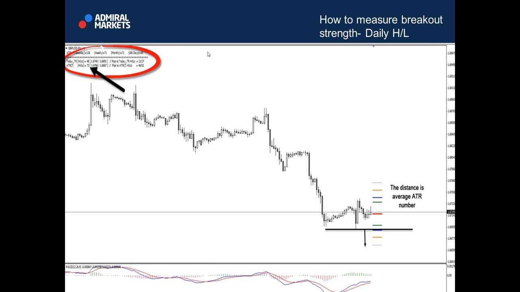Use a proper risk size, because proper risk size will save your account. I'm not saying you need to be profitable each month. Banks are not profitable each month if they trade the forex market. I know some traders who were trading in banks and there were huge losses, believe me.